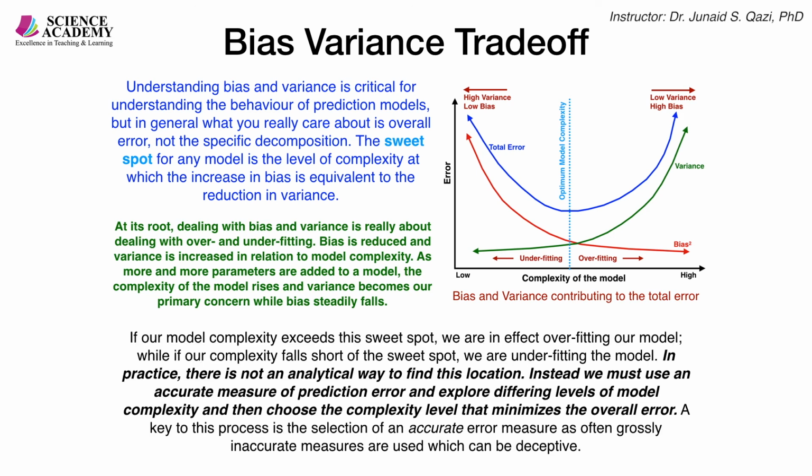It's very important to know that if our model complexity exceeds the sweet spot, we are overfitting our model. On the other hand, if the complexity falls short of the sweet spot, we are underfitting the model. So it's very important to find this sweet spot.